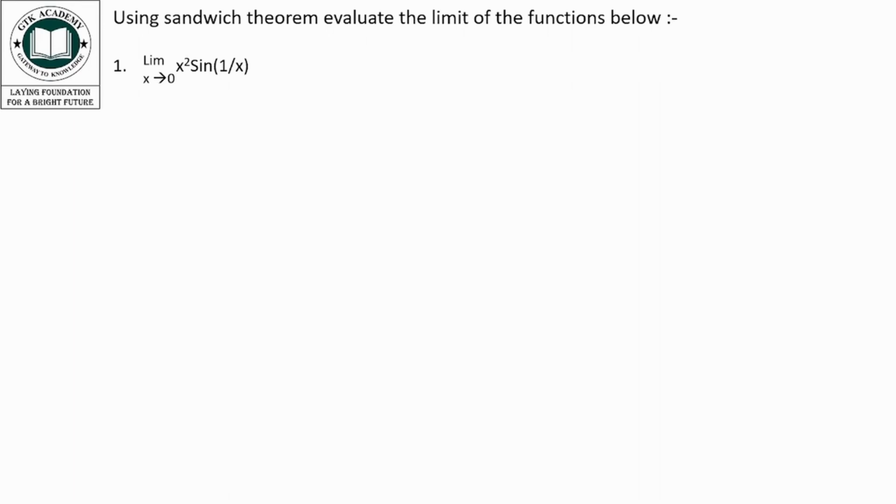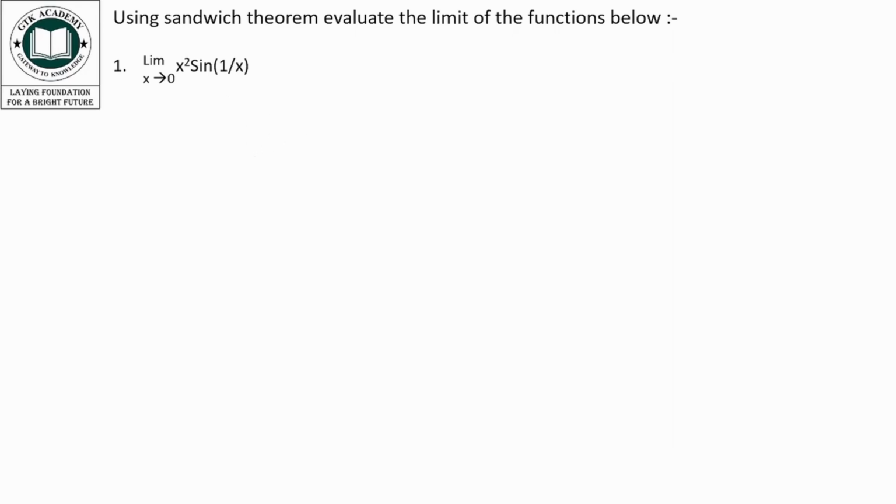The first question is the limit as x tends to 0 of x squared sin(1 upon x). Now we have to use the sandwich theorem to find the limit in this case.